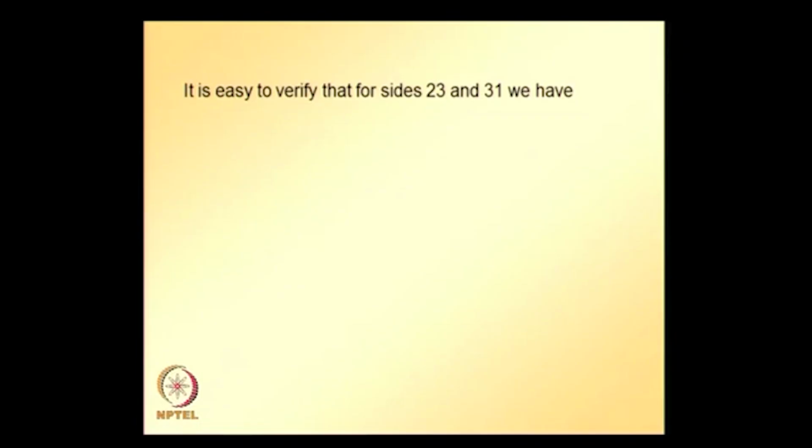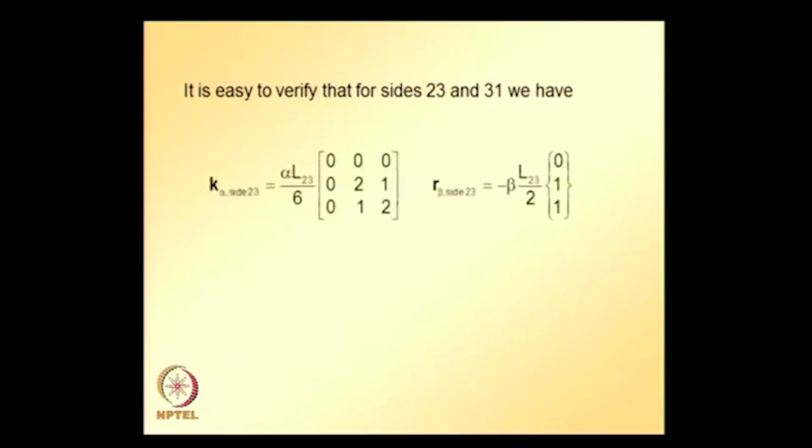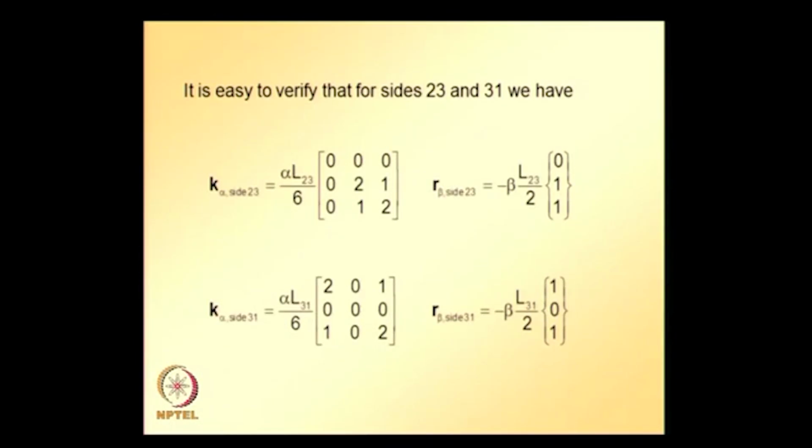And for side 2-3 and 3-1, k alpha and r beta look like this. So, once we identify the corresponding coefficients, we can get the element equations, and once we get element equations we can get the global equation system based on nodal connectivity, and after imposing the essential boundary conditions we can solve for the nodal values.